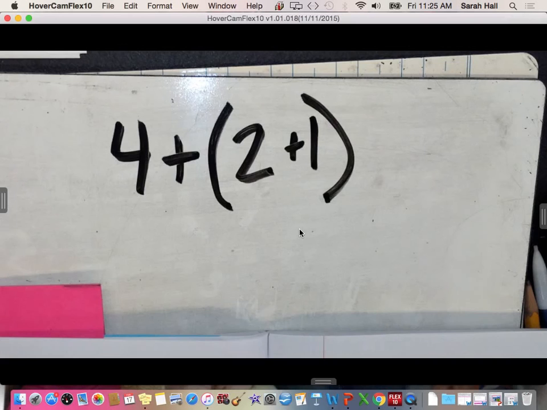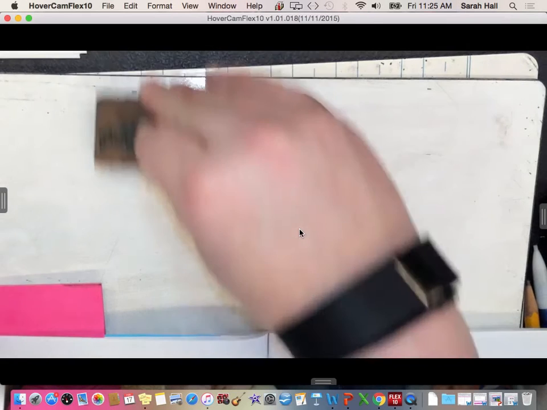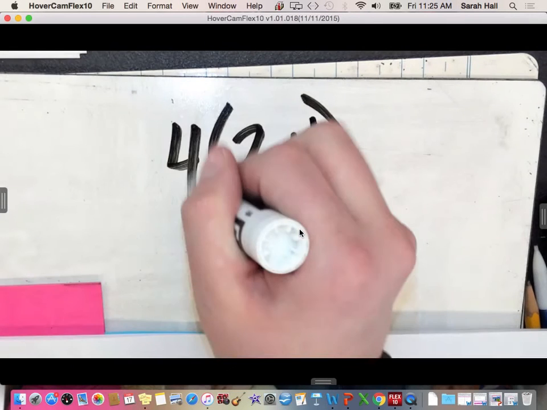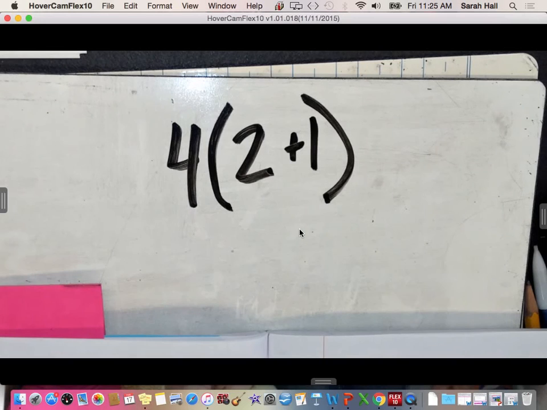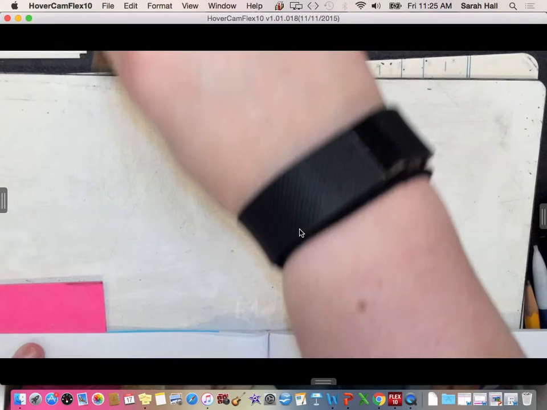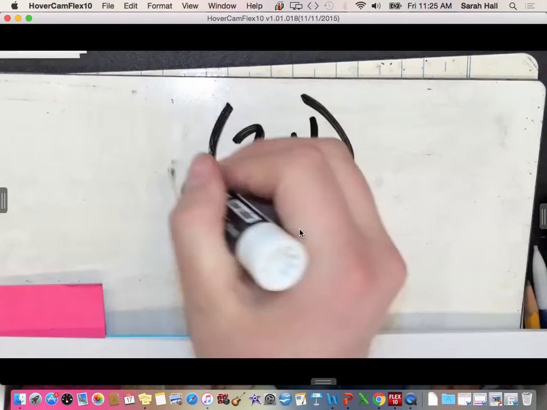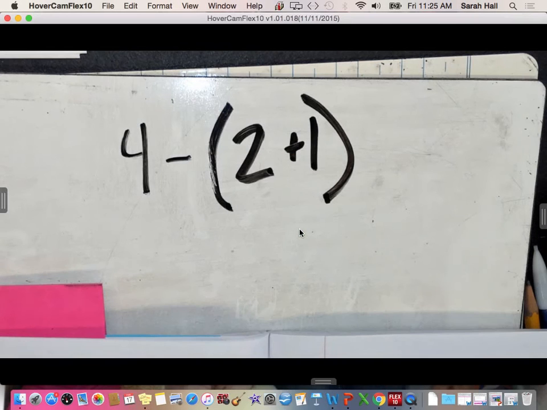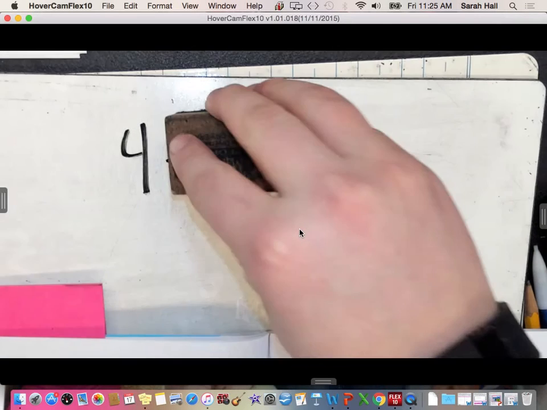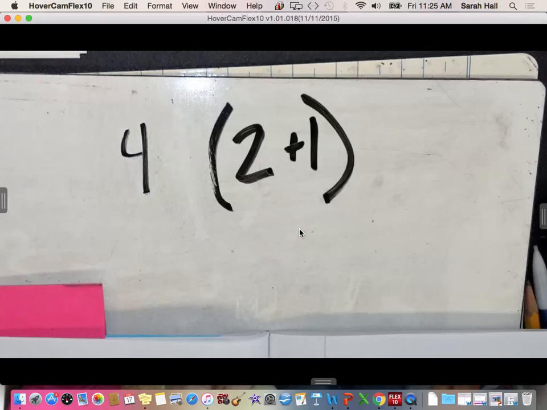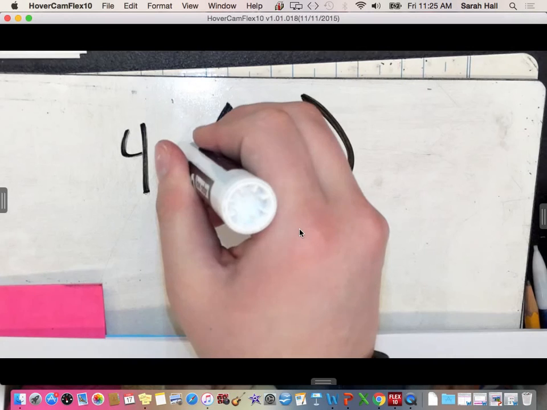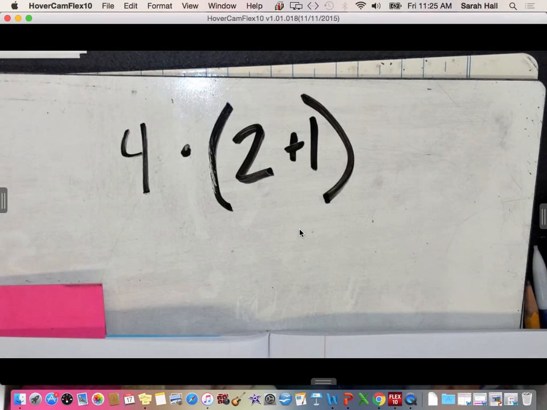So the only time that you're multiplying is if you don't see a symbol between the number and the parentheses. Okay? If you see a symbol between the number and the parentheses, you have to do what that symbol says. If you see a multiplication sign between the number and the parentheses, would the distributive property work?